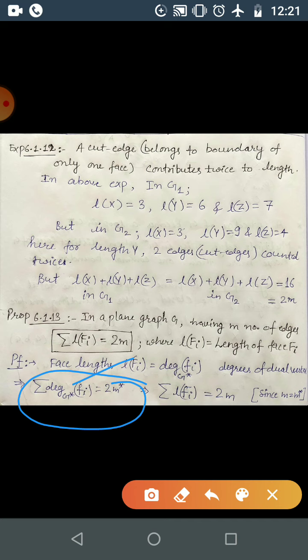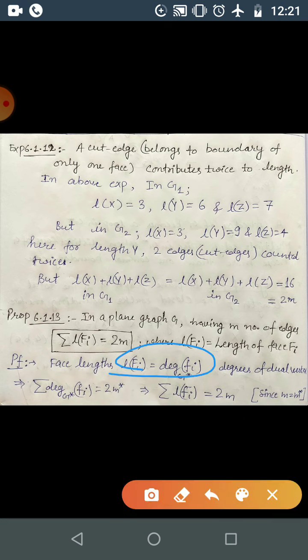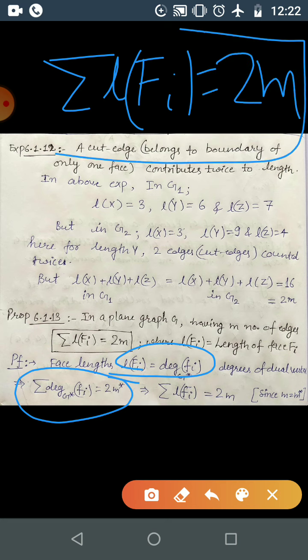And we know m is equal to m star: there are the same number of edges in G as well as in its dual. Put this into the expression and you get L of fi summed equal to 2 into m star, which becomes m, correct. So that's what we wanted.